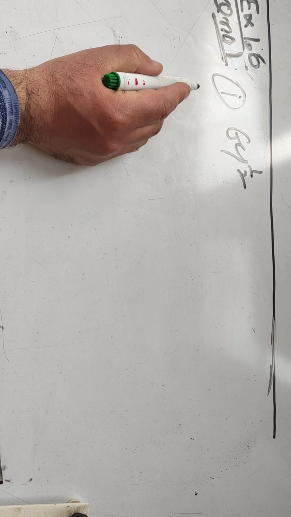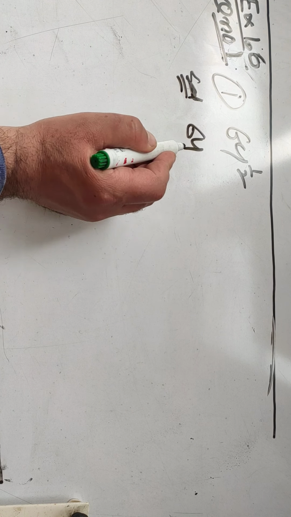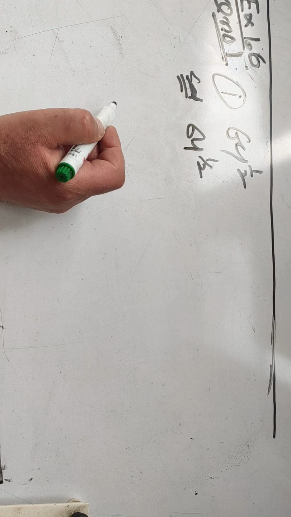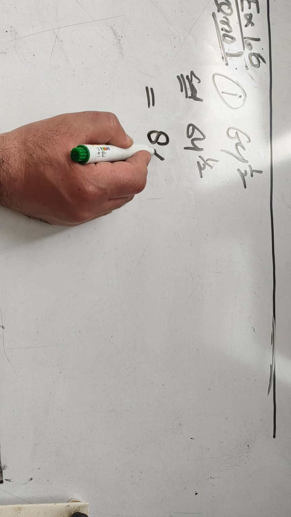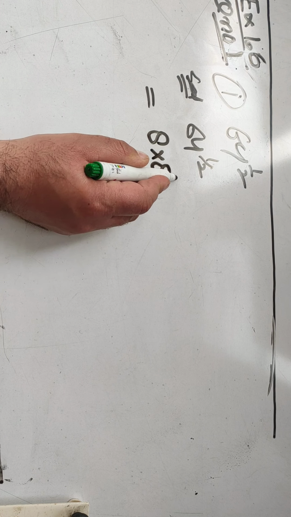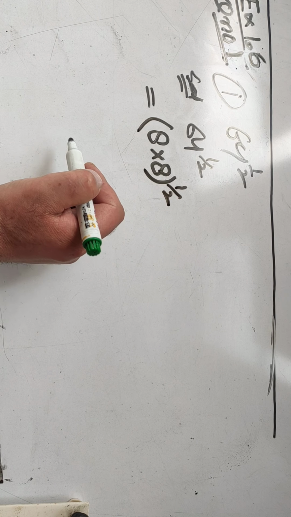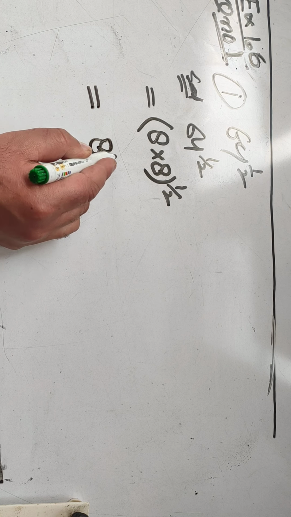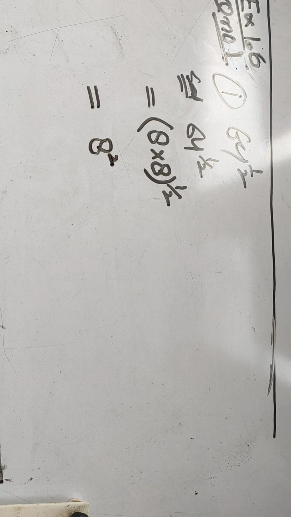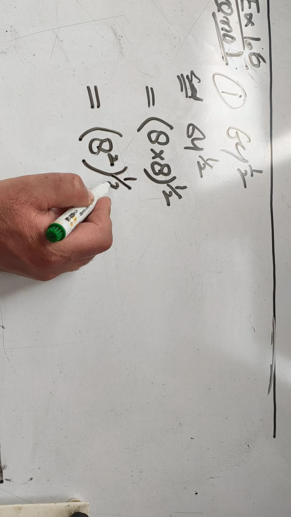We can do it like this. 64 raised to the power 1 by 2 is equal to, in place of 64 we can write 8 into 8, whole raised to the power 1 by 2. Now 8 into 8 means 8 square, and the power outside is 1 by 2.